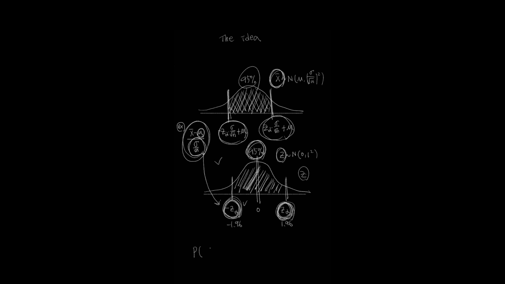So anyway, it is this range. So the probability that X bar lives in this range is 95%, right?